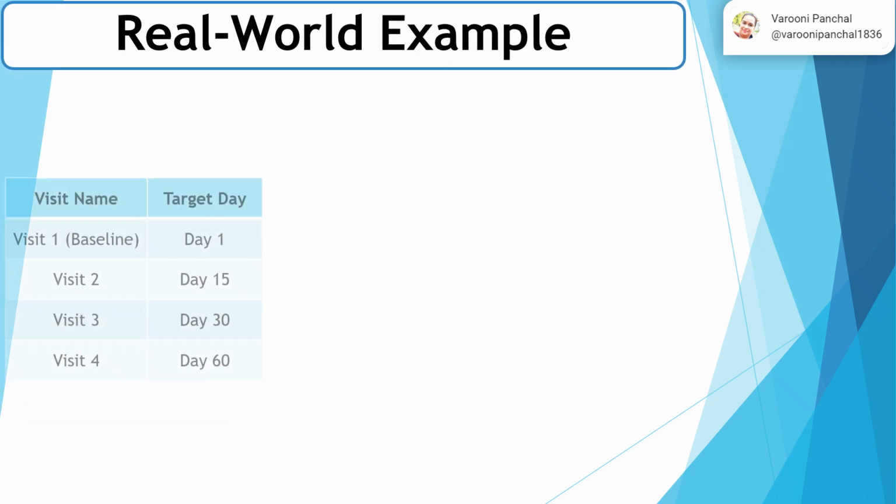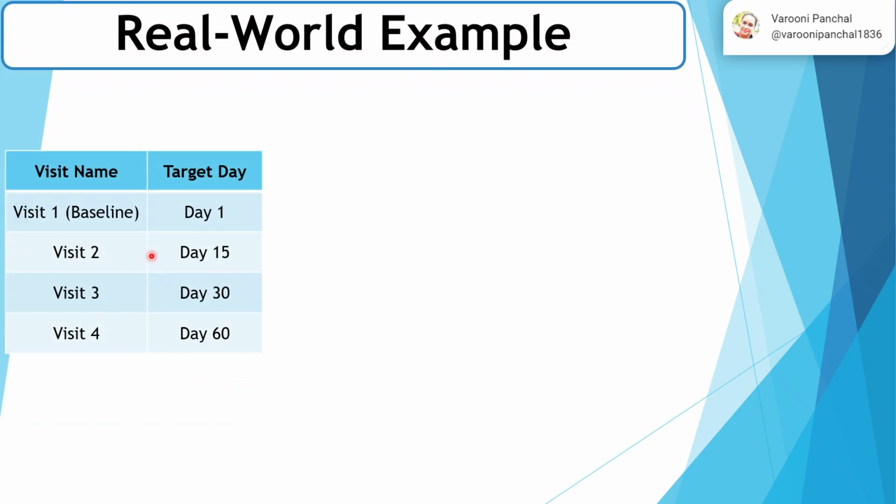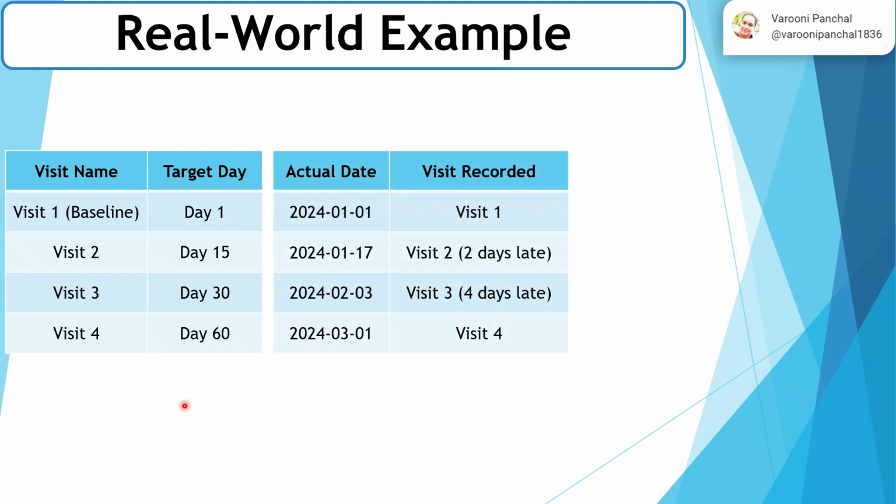Now, a real world example. Say for example, I have target days day 1, day 15, day 30, day 60. These are the visit names, which are baseline, visit 2, visit 3, visit 4. This is the planned kind of dates and visits on which specific assessments were supposed to be captured. Now, this is the actual date and the actual visit at which it was recorded in the system.